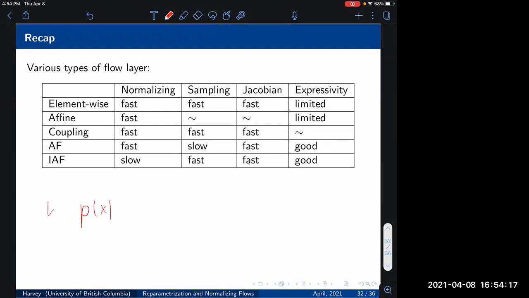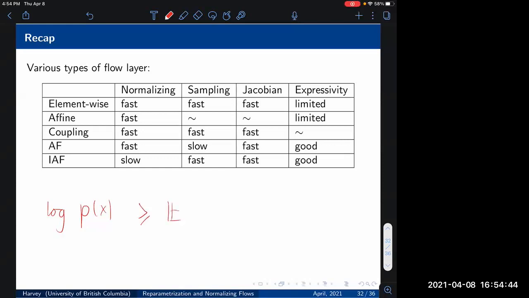Yes, we want to talk about computing log p of x, which, if you're doing normalizing flows, you can just directly compute using the change of variables like we did in that example a few slides ago. If you're using a VAE, for example, then you can only get a lower bound on this.